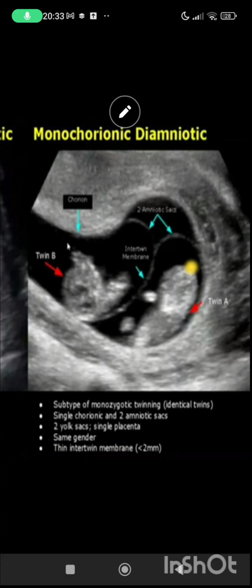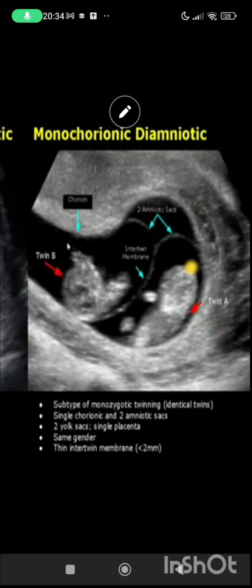One twin becomes the donor and the other twin becomes the recipient. The donor becomes anemic, and in the end the donor may die and the recipient can survive.